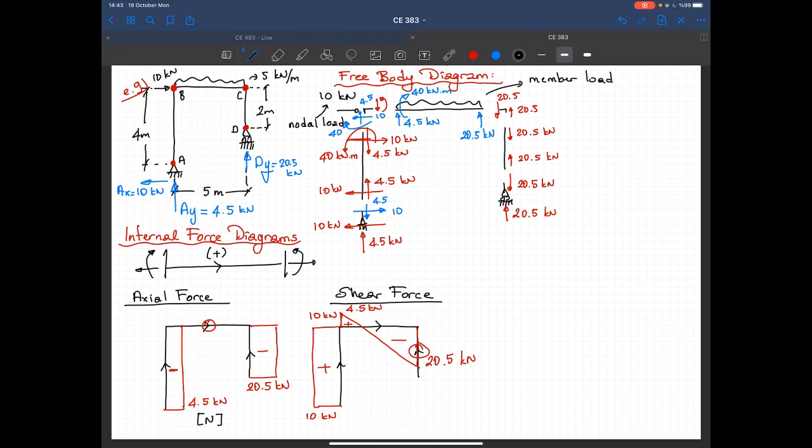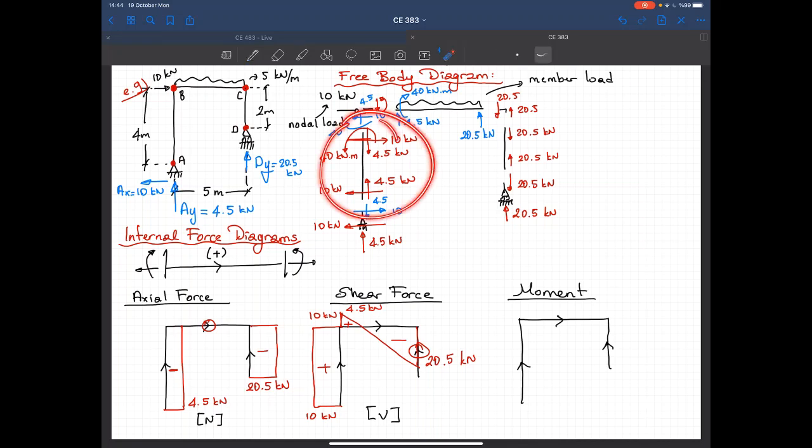And our final internal force diagram is the moment diagram. So our approach is the same. With these arrows, I can show the directions. Now start from this first member again.